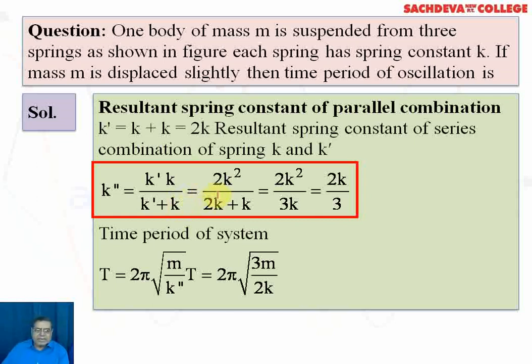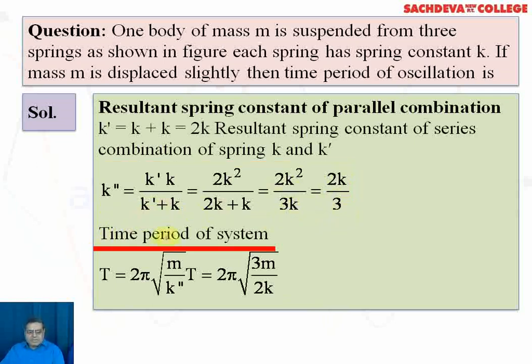Now, we can write it like this. According to the question, K dash is 2K. So in the equation, K dash is replaced by 2K. If 2K is multiplied by K, it will become 2K square divided by 2K plus K, so the denominator becomes 3K. In the numerator, we get 2K divided by 3 because one of the values of K will cancel off.